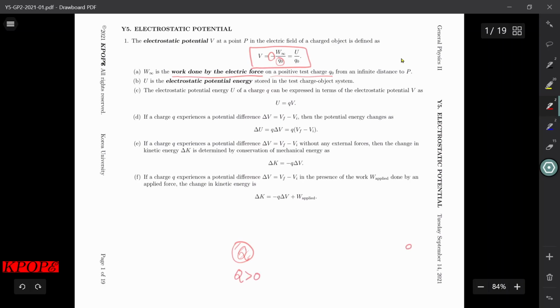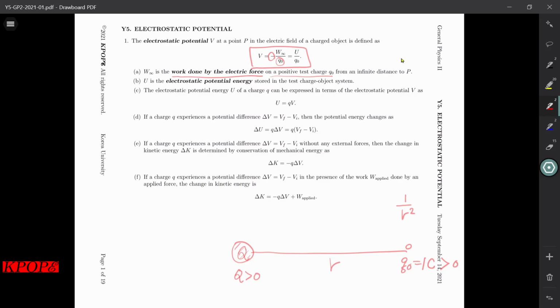We have a charge Q0 of 1 coulomb, which is positive, and at infinity, because Coulomb's law states that force is proportional to the inverse square, as the distance r goes to infinity, there is no force at all.